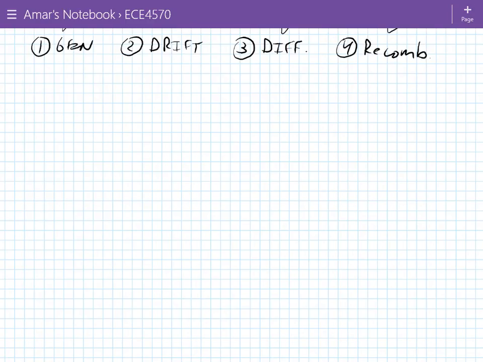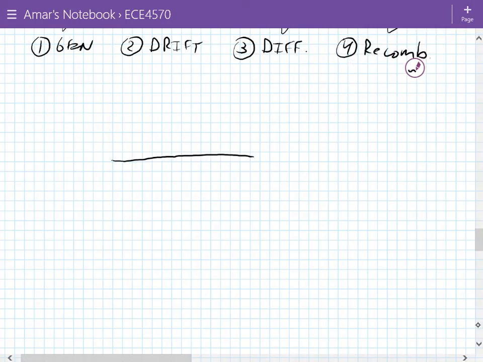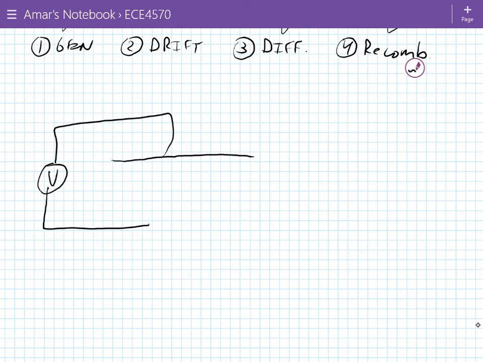Think back to your capacitor problem in physics, where you put a voltage across two plates of a capacitor, and you build up positive charge on this side, and you build up negative charge on this side.